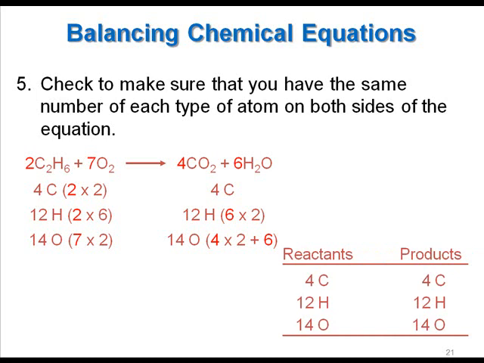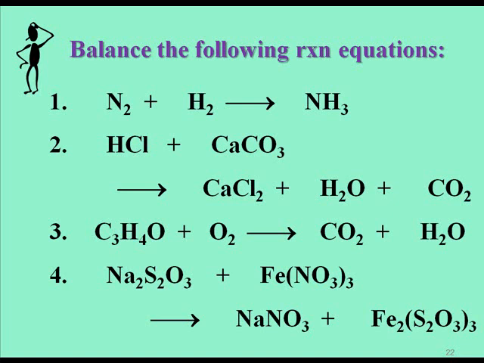We add coefficients to match them up. At this time, I'd like you to pause this. I'd like you to balance these reactions. So what I'm asking you to do is place numbers, if needed, in front of the N2, in front of the H2, or in front of the CaCO3s. You're going to figure out how to make sure that there's balance between the reactants and the products.